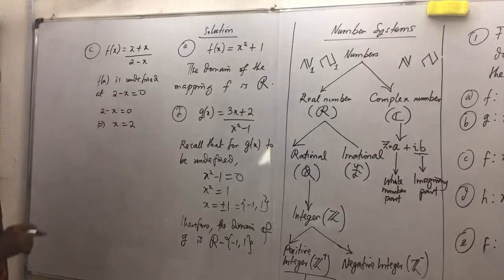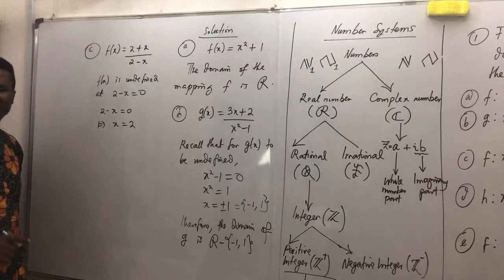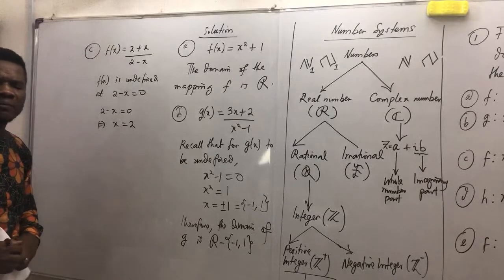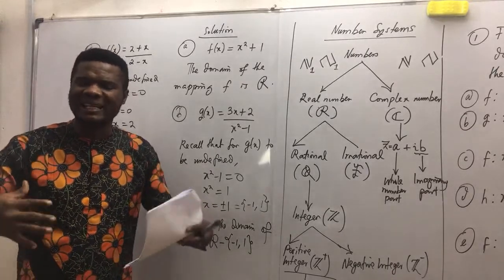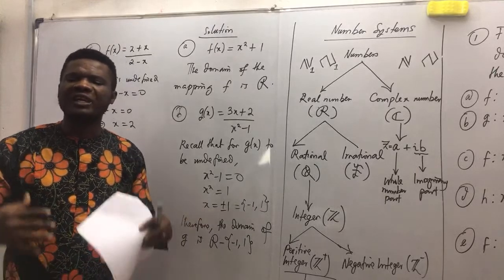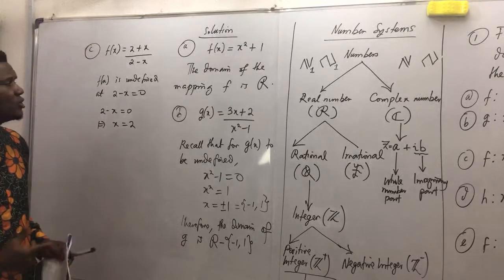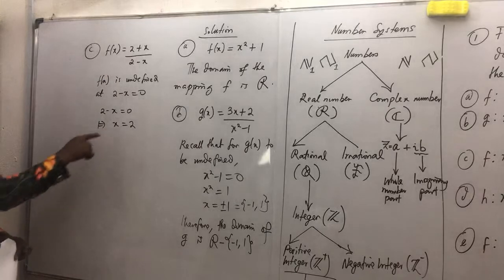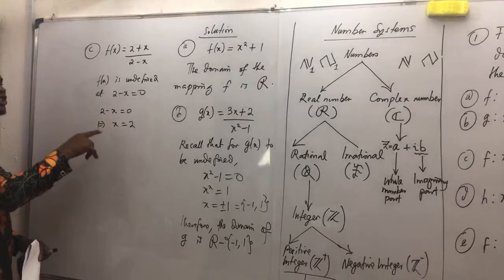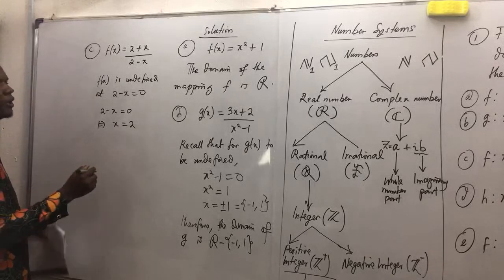Okay? This means that at x equals 2, this function f of x is undefined. And the domain is the largest admissible set of the independent variable. It is the largest admissible set of values that x can assume. So all you have to do is to exclude this value that makes the denominator 0 from that largest admissible set. So what then will be your domain?